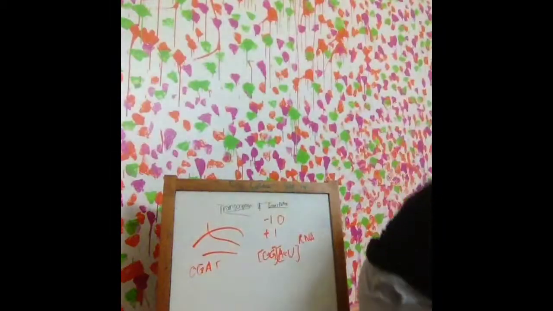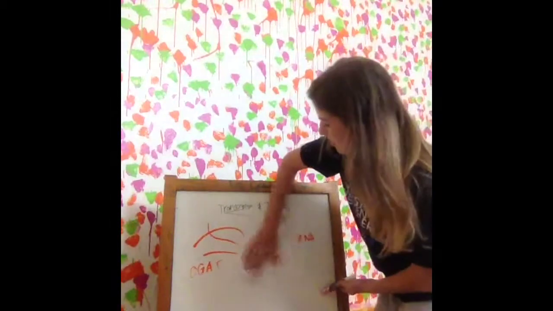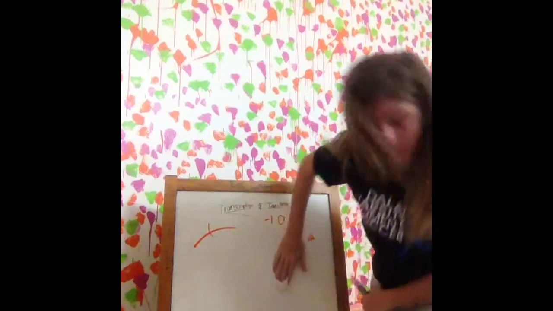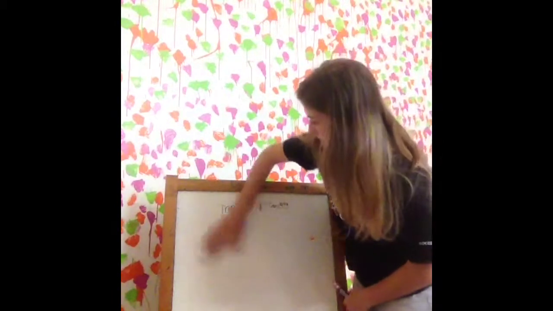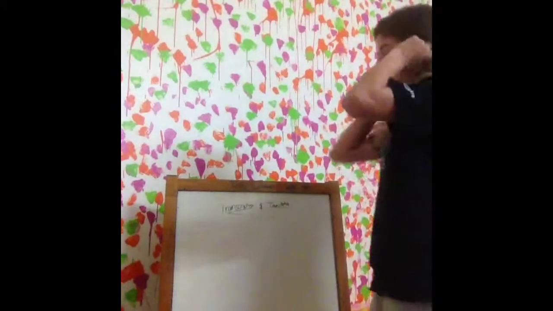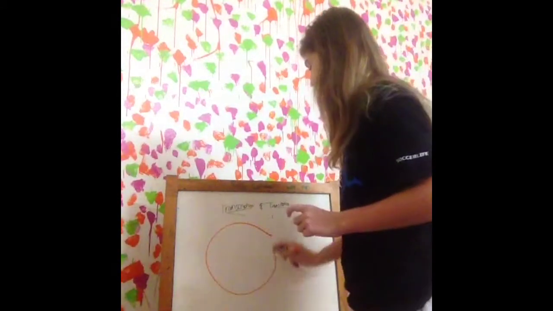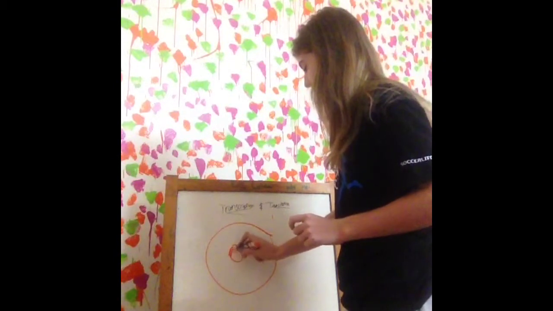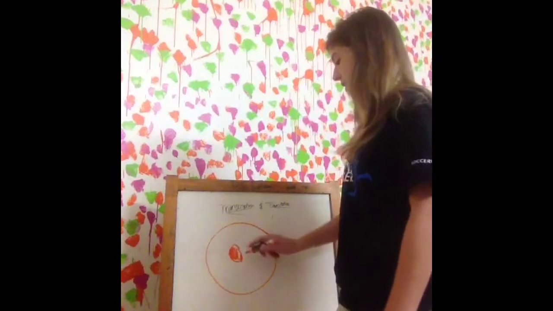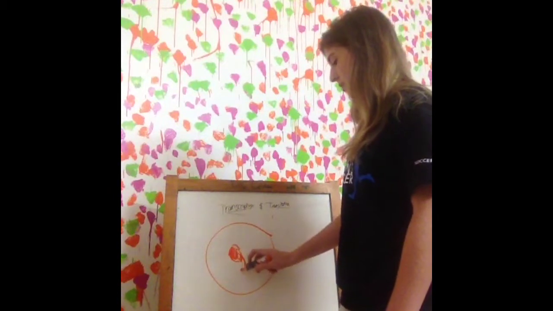Okay. The three parts of the RNA process are initiation, elongation, and termination. And in the cell, DNA is stored in the nucleus, and all RNA except for mRNA is stored in the cytoplasm.